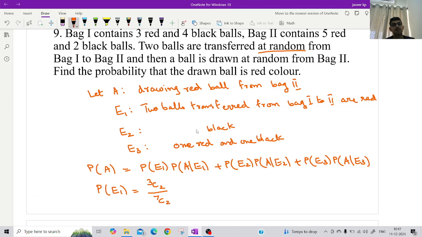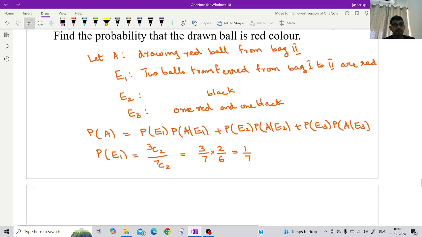There are 3 red balls, from which 2 are selected. Transferring means we are only selecting. So 3C2 upon 7C2, or do it one by one: first selecting a red ball, 3 by 7, then without replacement 2 by 6. So the value of P of E1 is 1 by 7.